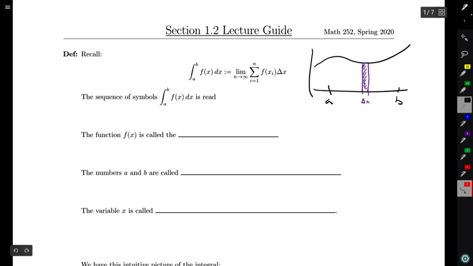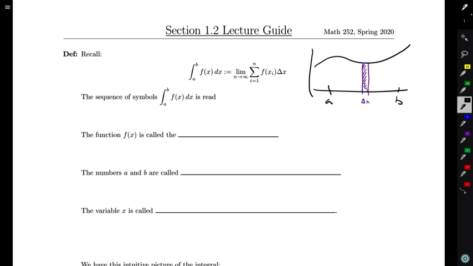But we should figure out how to both say and write some of these things before we actually go about trying to use them and do computations with them, because it's important to be able to both say and read and interpret these sequences of symbols that we're defining. So we're going to start by saying, how do you read this thing out loud? What words do you use in order to talk about this strange sequence of symbols?